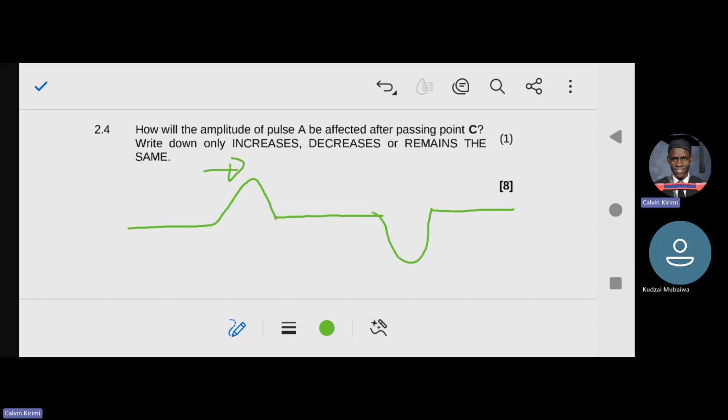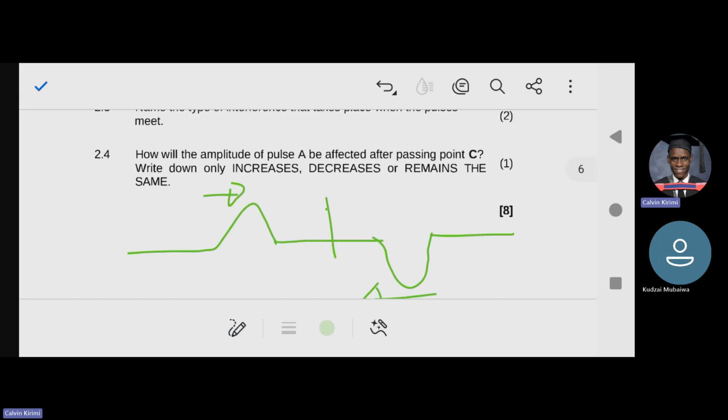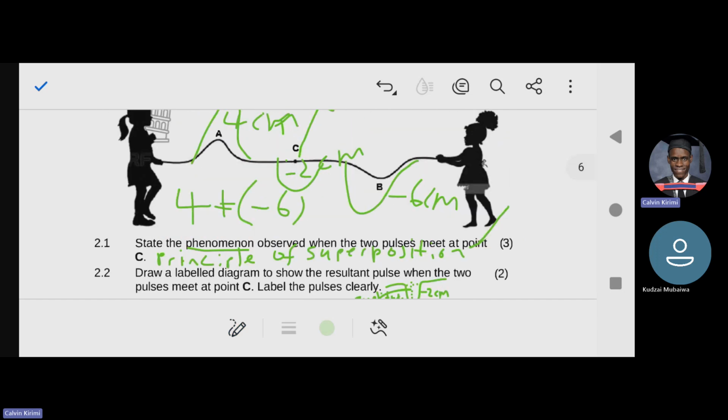They are not in the same phase. This one is going this direction. So when they meet, they cancel out these pulses. That's why we are saying they are destructive. Instead of us forming a bigger amplitude, we are forming a smaller amplitude than any of the two amplitudes. Check -2, it's even smaller than 4 and 6. So we have destroyed the amplitude, so it becomes destructive.